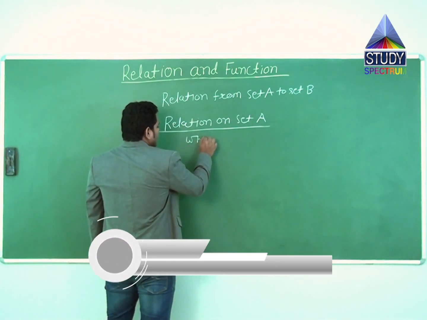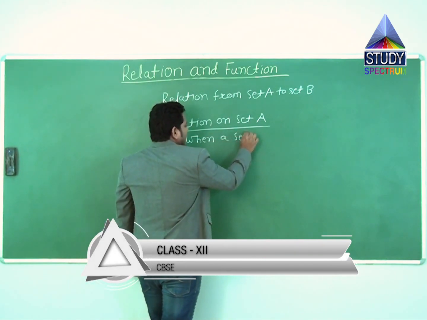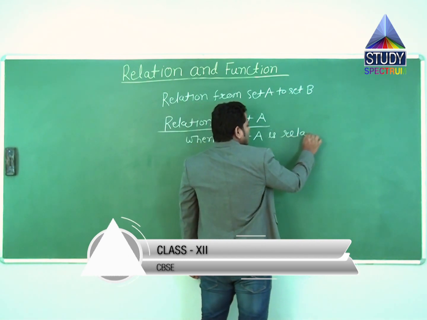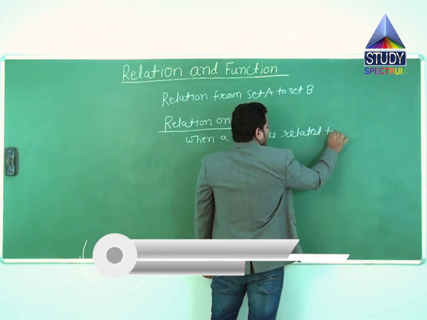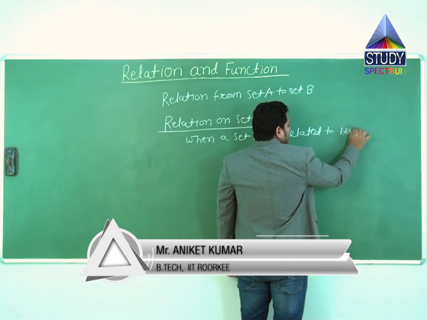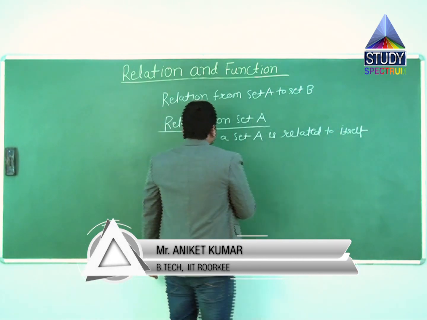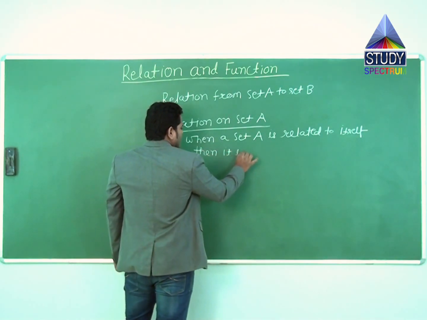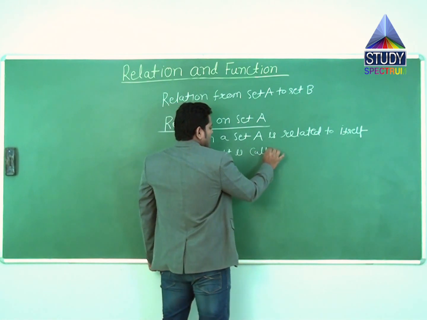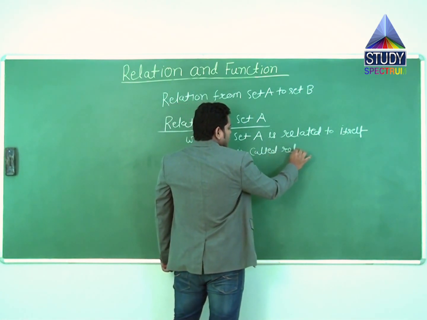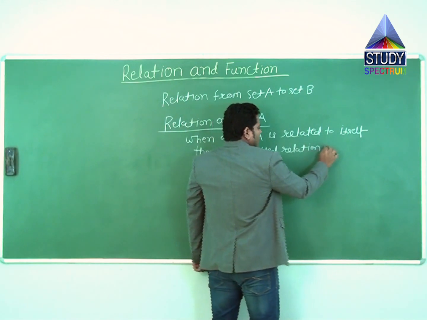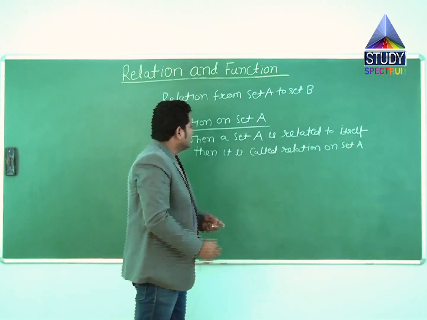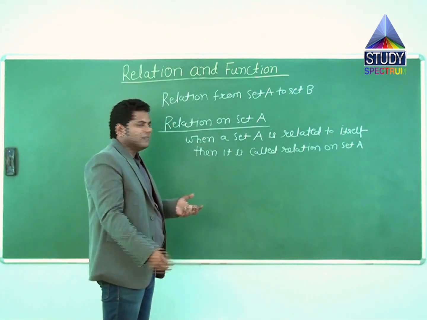When a set A is related to itself, then it is called a relation on set A. Let us understand this by arrow diagram.